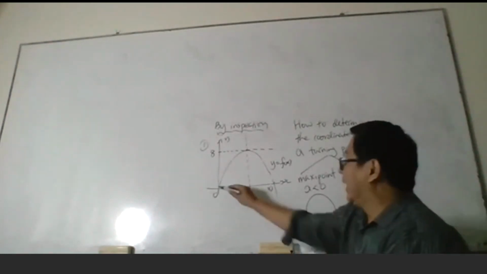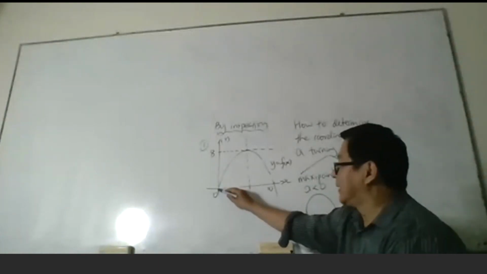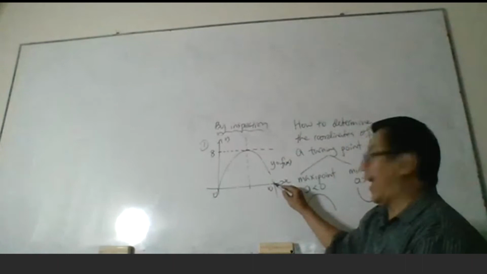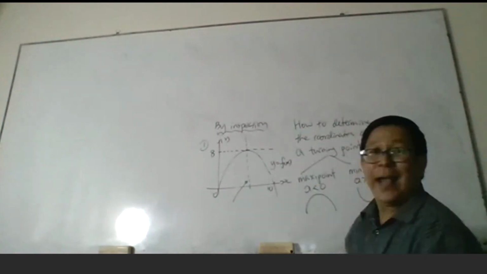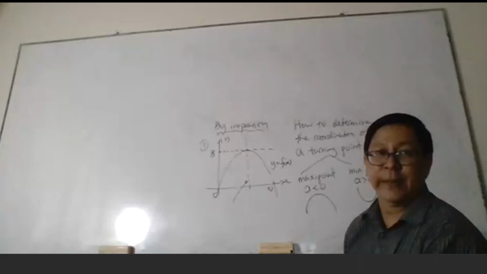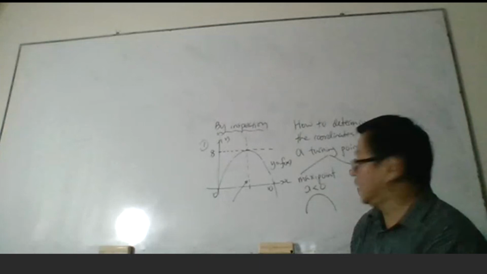we can look at the x-intercepts. This is your x-intercept 0. This is your x-intercept as well. So the x coordinate of the turning point actually represents the equation of the axis of symmetry.